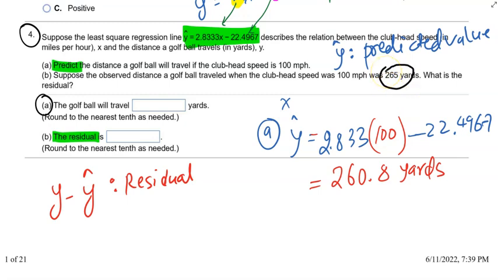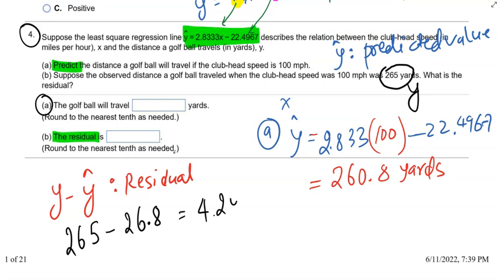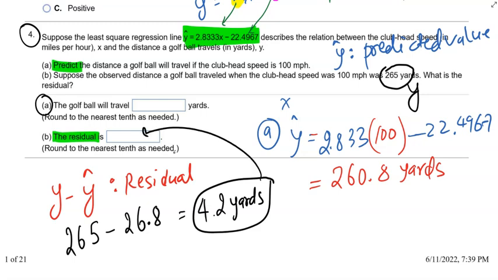That's the y, because this is the observed value, and the predicted value is y hat. We found it, and you can find the residual by subtracting: 265 minus 260.8 yards. This gives you 4.2 yards. So this is the residual. Residual is 4.2 yards, obviously, which is positive.